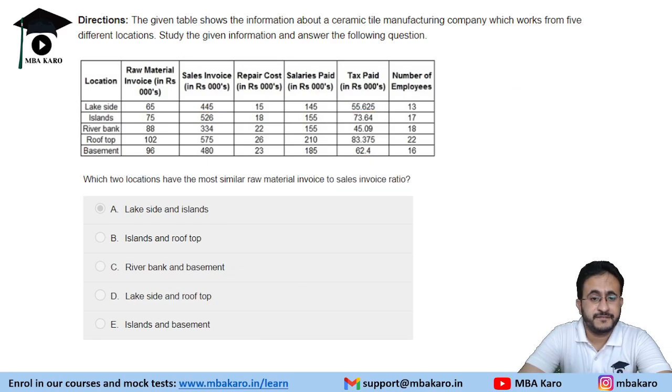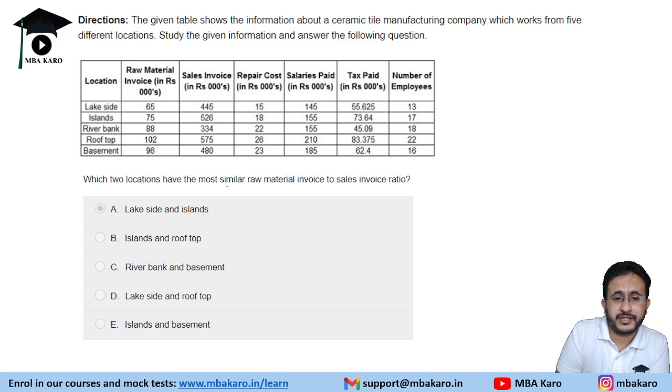Next question is, which 2 locations have the most similar raw material invoice to sales invoice ratio? So we need to find the most similar ratio. What does it mean, most similar ratio? Raw material to sales invoice.